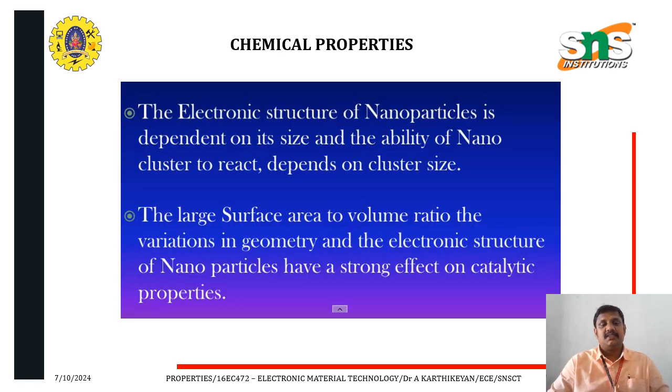The chemical property is also a very important parameter, because the electronic structure of nanoparticles depends on the size, and the ability of the nanoclusters to react depends on the cluster size.